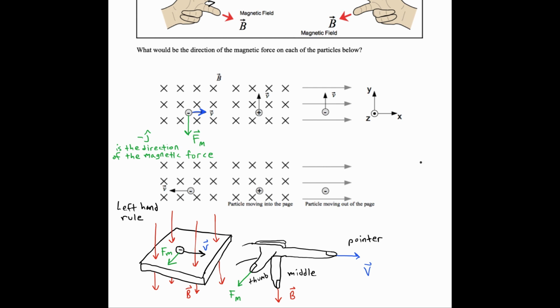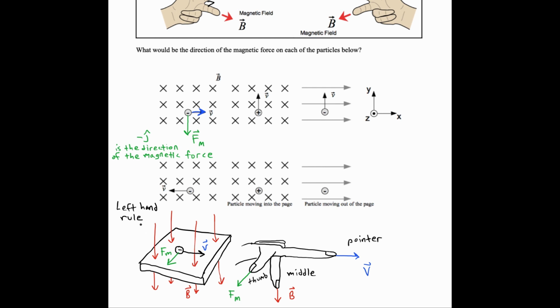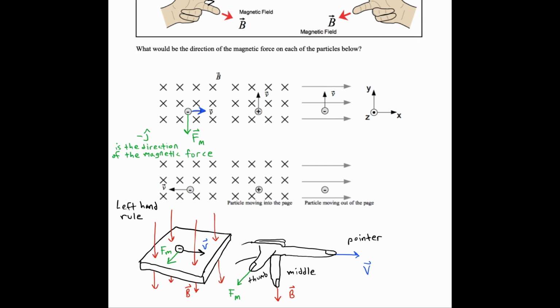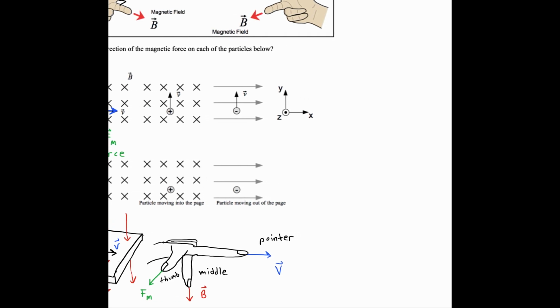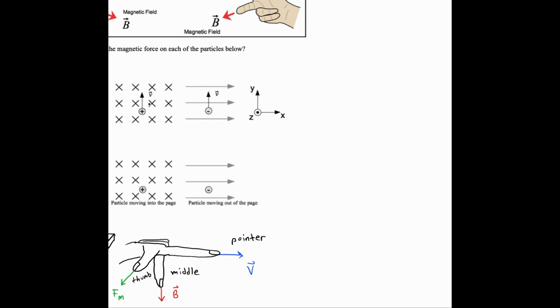All right. What if we have a positive charge? Well, then we should use the right-hand rule. We had used left-hand rule for a negative charge. Now let's go over to the side here and let's draw what's happening in this situation.